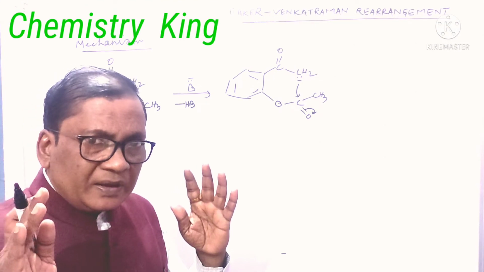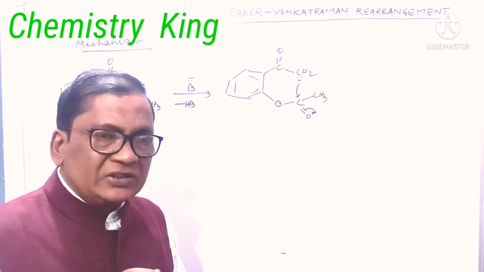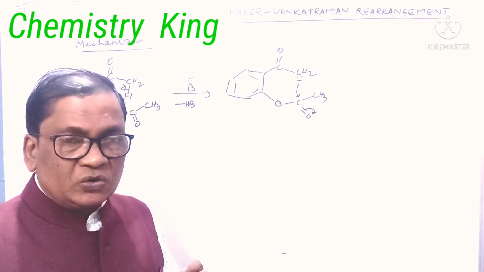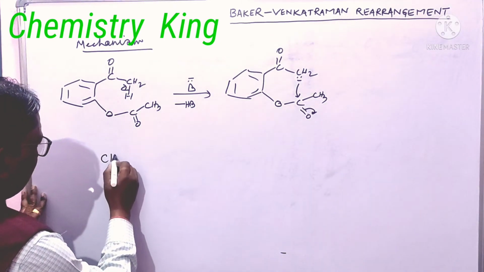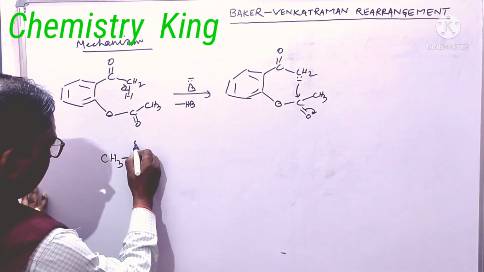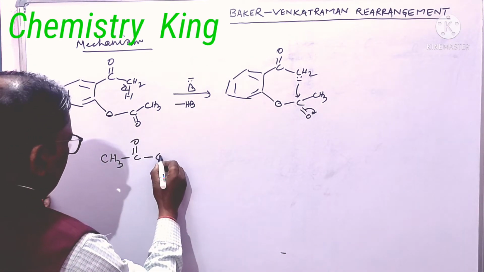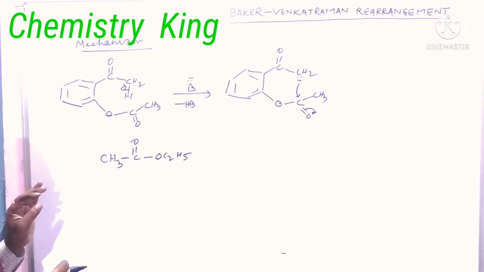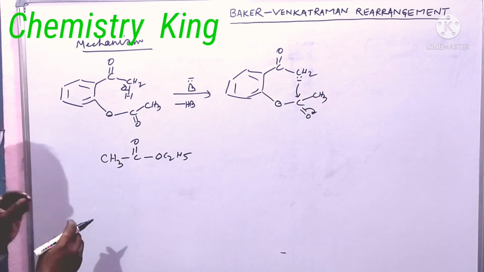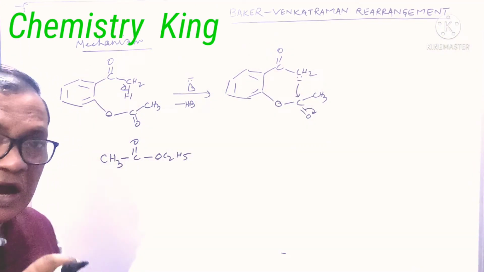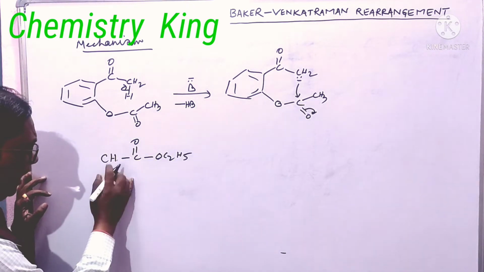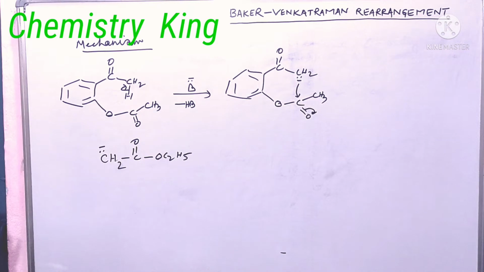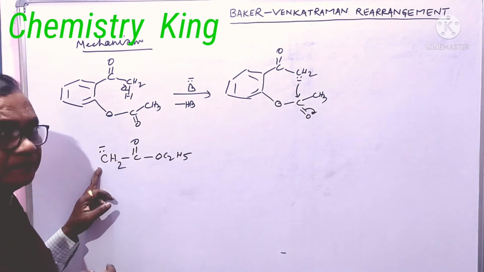Okay, what is Claisen condensation? When ethyl acetate is heated with sodium ethoxide, ethyl acetoacetate is formed. CH3, C double bond O, OC2H5. It is ethyl acetate. And when it is heated with sodium ethoxide, means ethoxide ion, the ethoxide ion will abstract hydrogen from here, leading to formation of a carbanion.